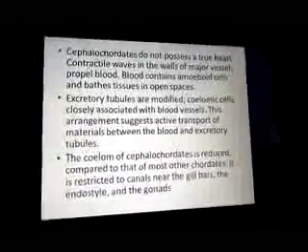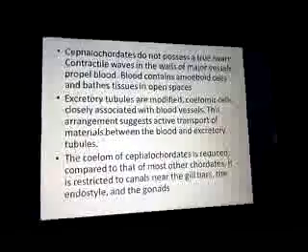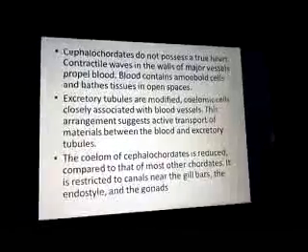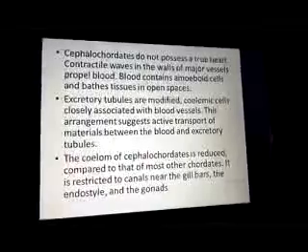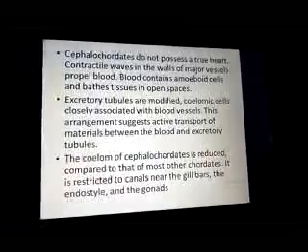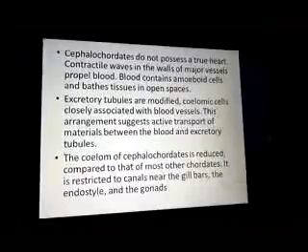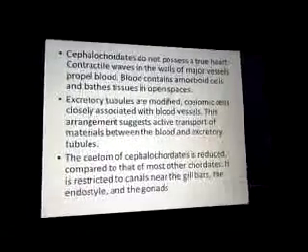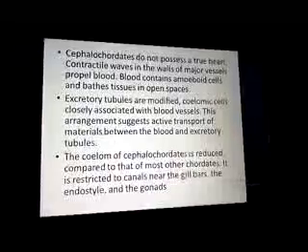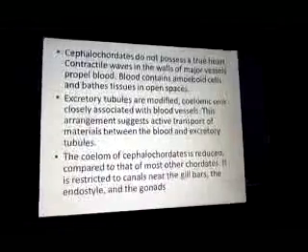In cephalochordates, a true heart is absent. Only the large blood vessels have an ability of contraction and relaxation, and the walls of the vessels contract and relax and pump the blood into the blood vessel.